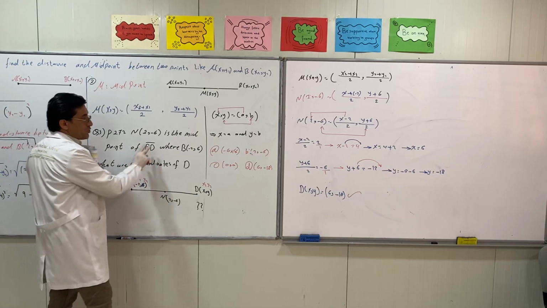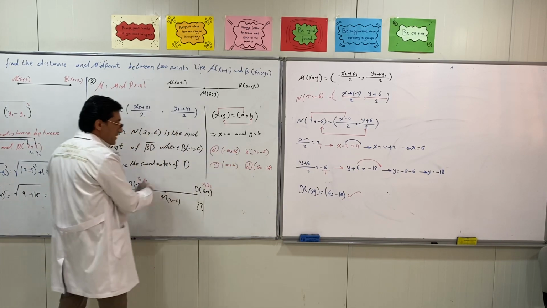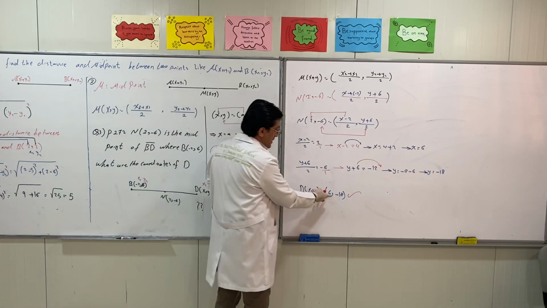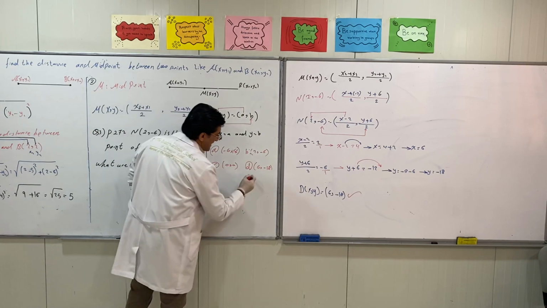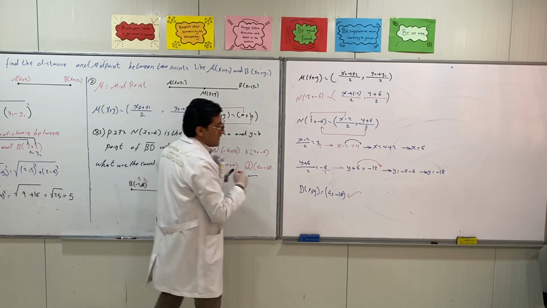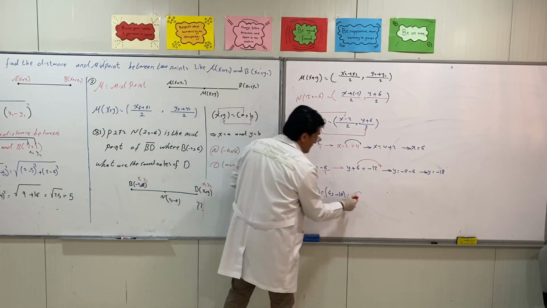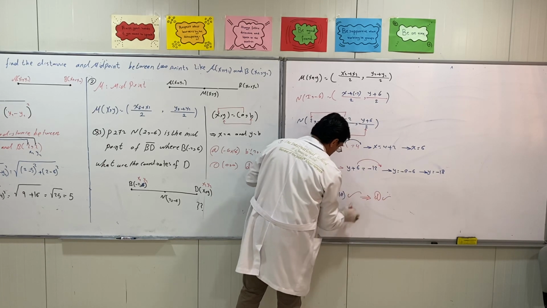With four choices A, B, C, D, after solving, D equals (6, -18). Which choice is (6, -18)? Choice D. So choice D is true. The point is D and the choice is also D, so D is the answer.